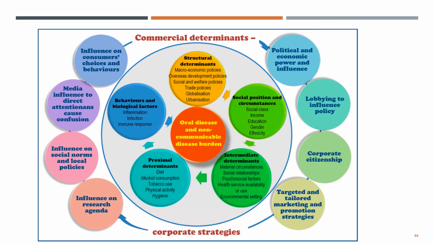So oral health or disease and non-communicable disease burden. When you look at this, there are many factors that influence all the determinants as well as the environment and other external factors. All these have to be taken into consideration when we do planning, monitoring, and evaluation.